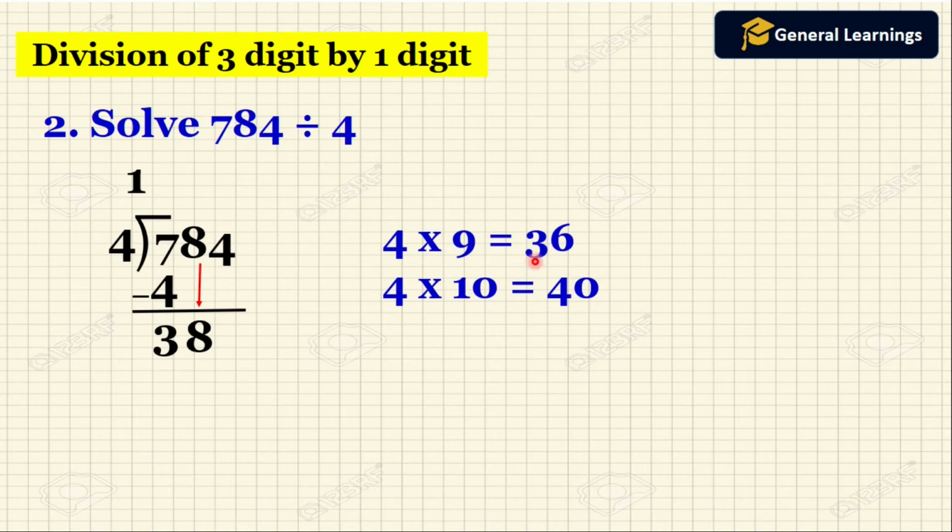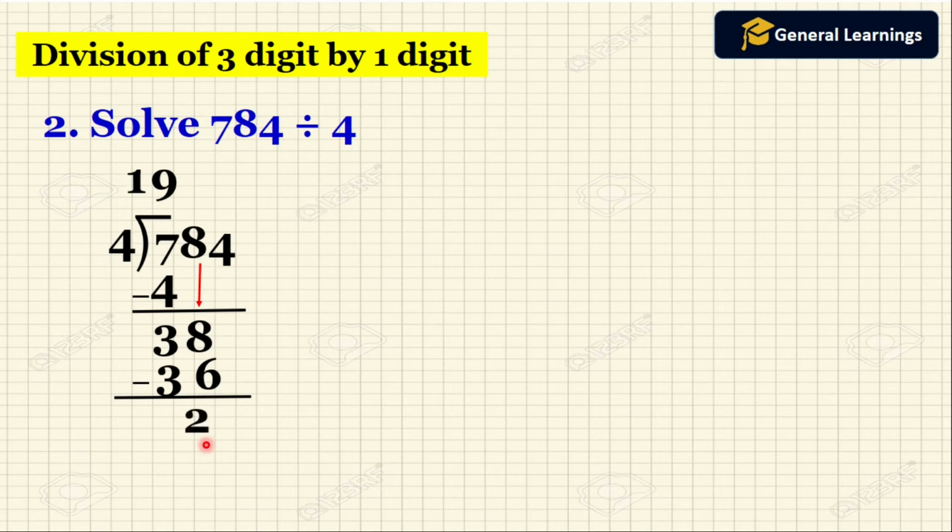So we need to use 36, which is 4 nines are 36. Write this 9 in the quotient and write 36 below 38. Then draw a line, then subtract. Subtract 36 from 38. We get 2.